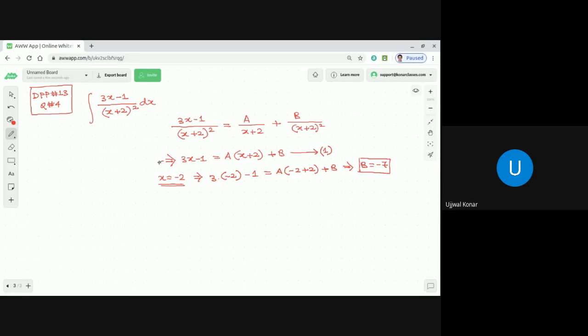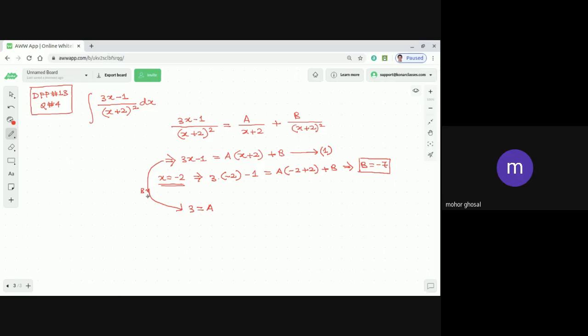If we equate the coefficient of x on both sides, what is the coefficient of x on the left hand side? 3. So 3 is equal to a, no? Done. So simple, easy. Or you can let me know what exact difficulty you faced to find the value of a.